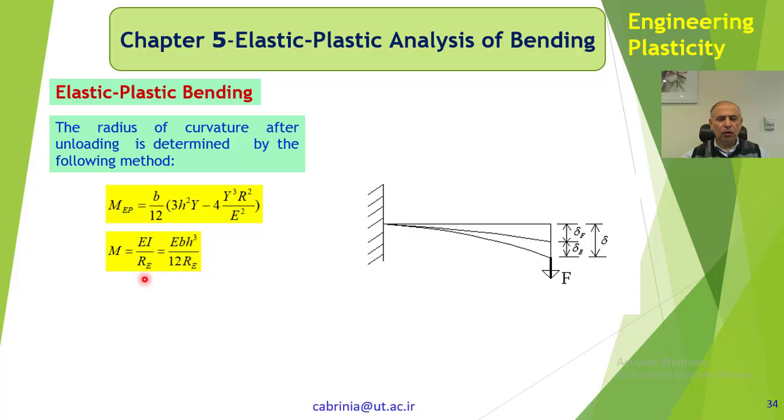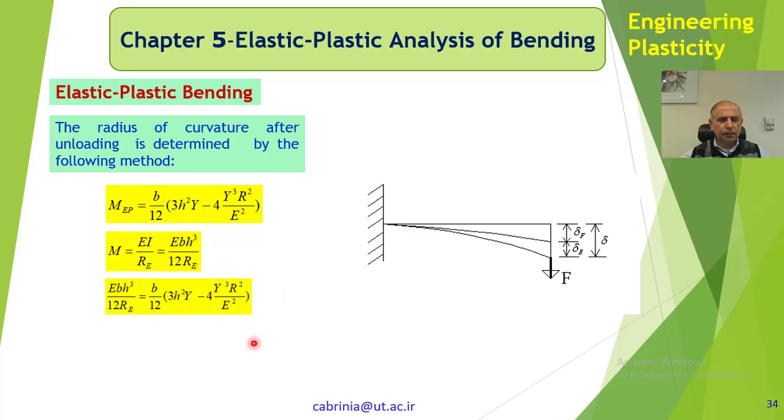So EI over RE, that is the RE for this curve here. And we could write EBH cubed over 12 for EI, substituting I for the rectangular case.